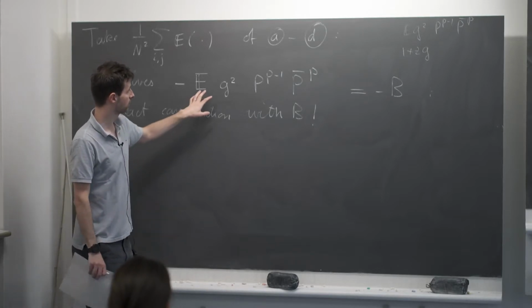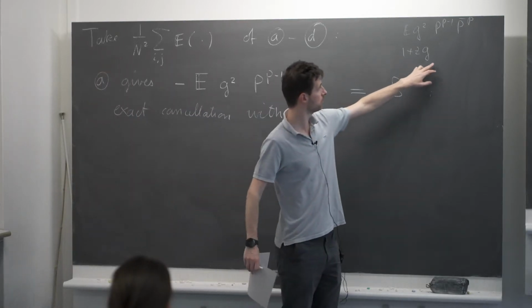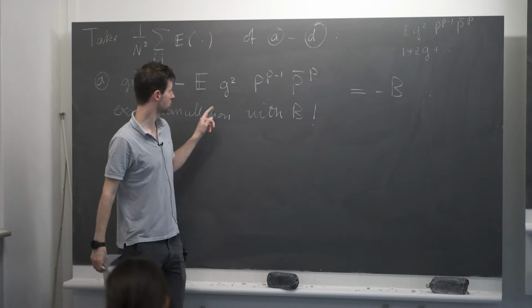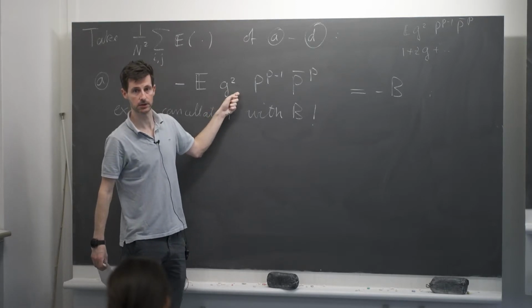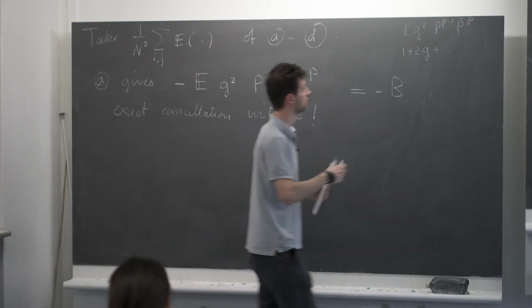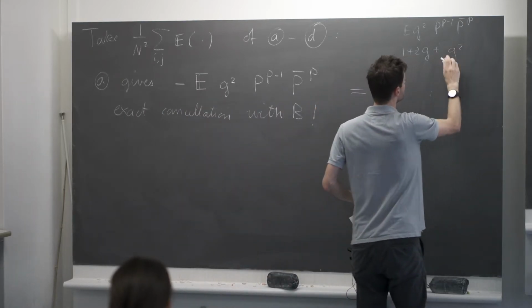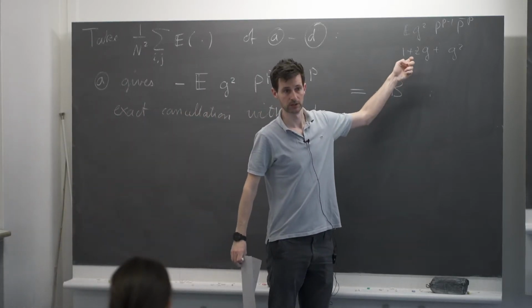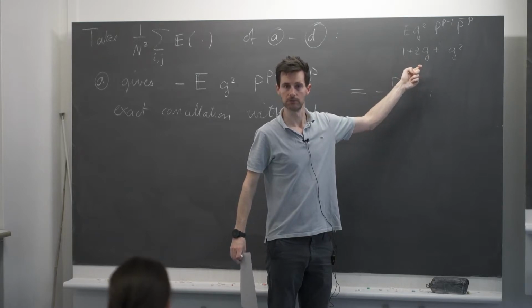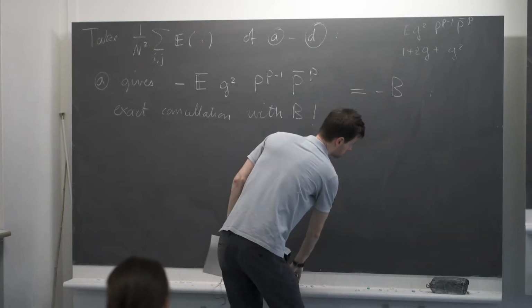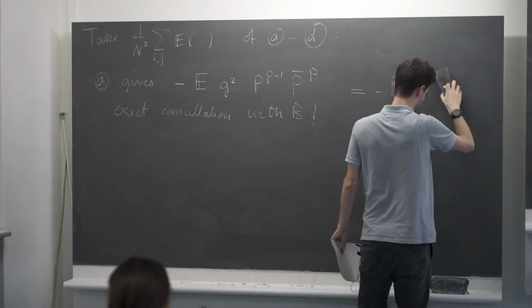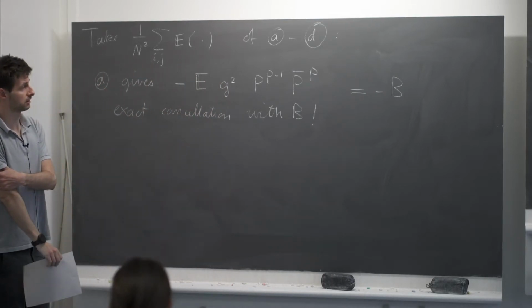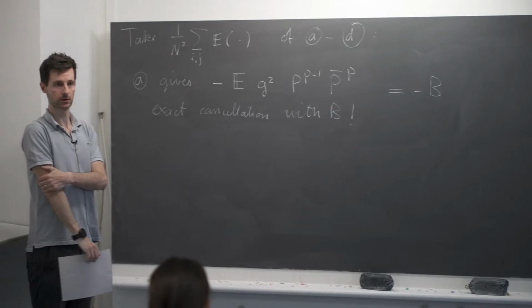Then you see that for the expectation of the moment of this guy to be small, the next term has to be a plus g squared in order to cancel precisely the term minus g squared that you get by differentiating this. And this is the defining equation for the Stieltjes transform of the semicircle law. So this differentiation that we just did is maybe the most direct way of seeing the semicircle law appear.